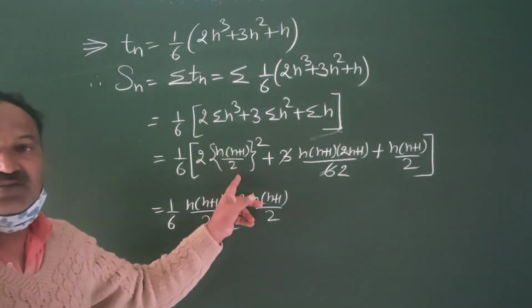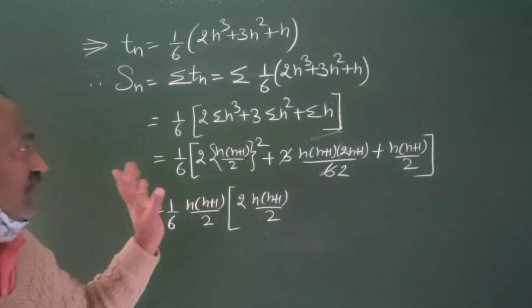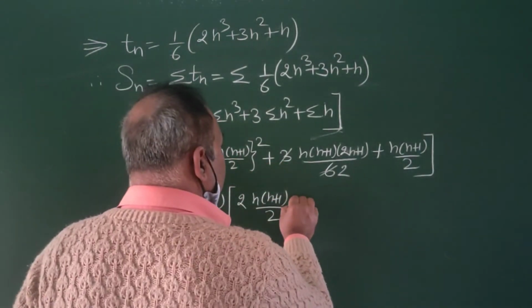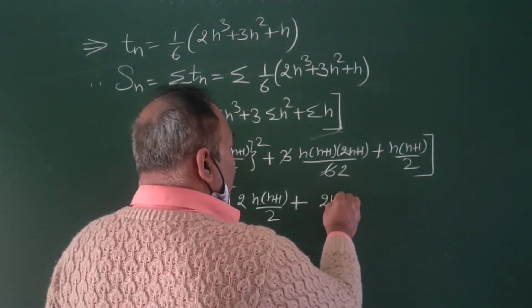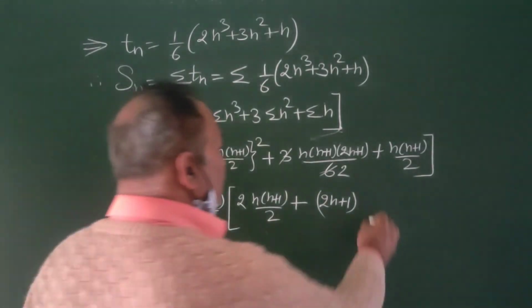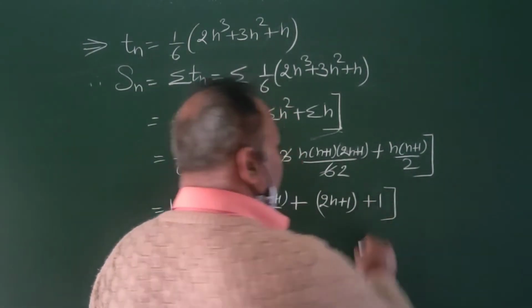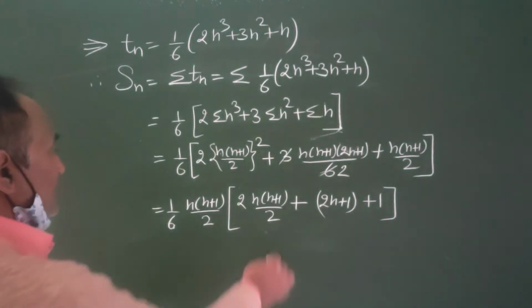This is the first, because we have taken n into n plus 1 upon 2 common, plus n into n plus 1 upon 2 common. Therefore, here we have 2n plus 1 and plus 1. After taking n into n plus 1 upon 2 common, we will get this.